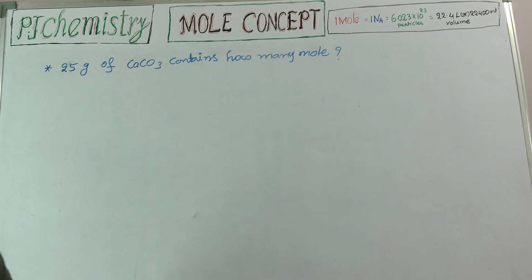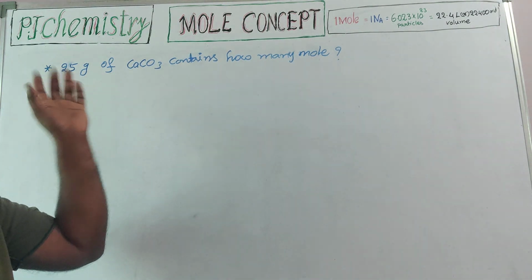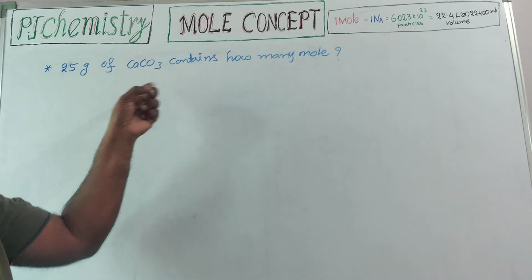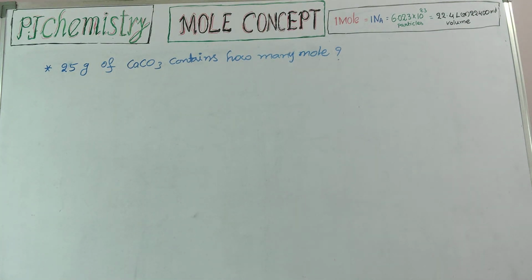So to calculate grams to moles, the formula we already know, right? Given number of grams in the question divided by the molecular mass of the particular formula.